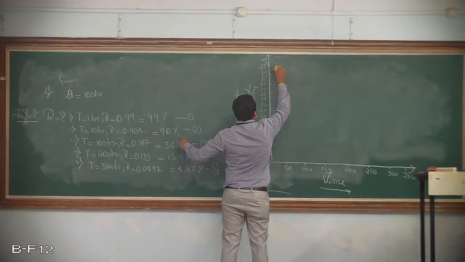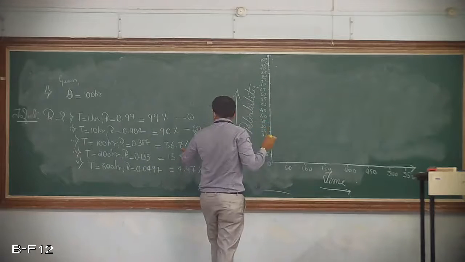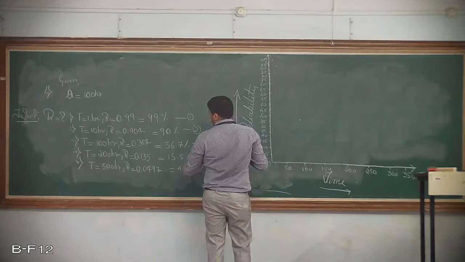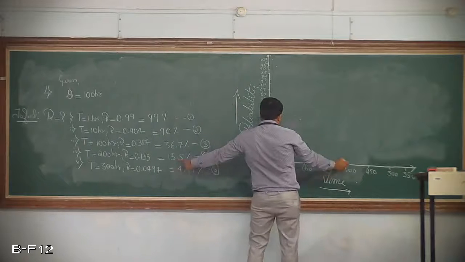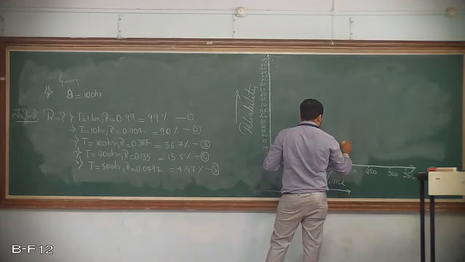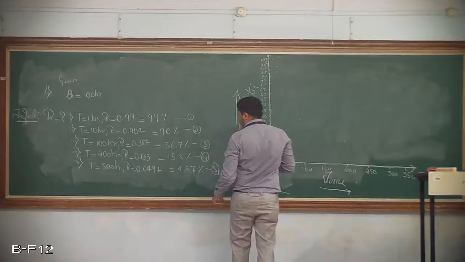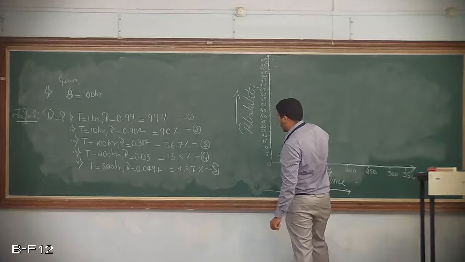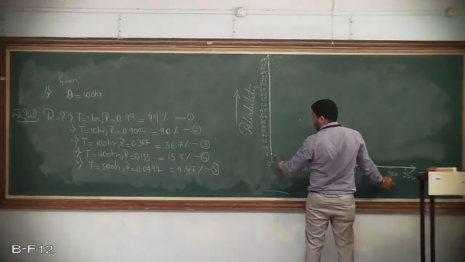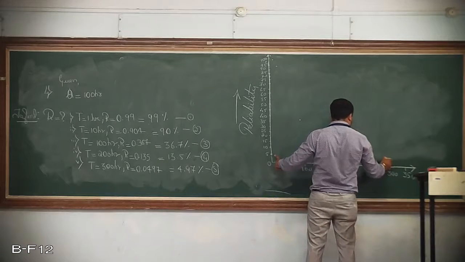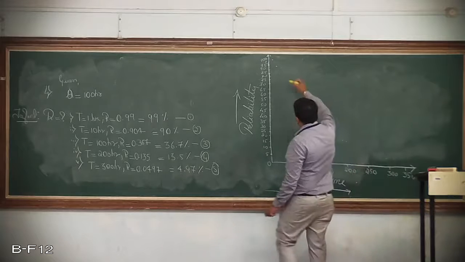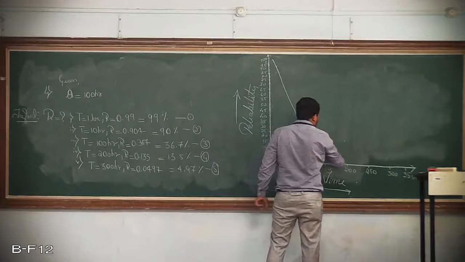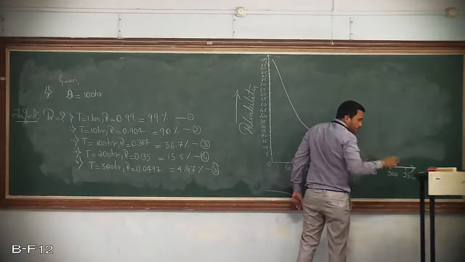Third is 100 hours, 36.7% somewhere here. And for 200 hours it is 13.5% somewhere here. And for 300 hours it is 4.97%. So just join all these points with a curve.